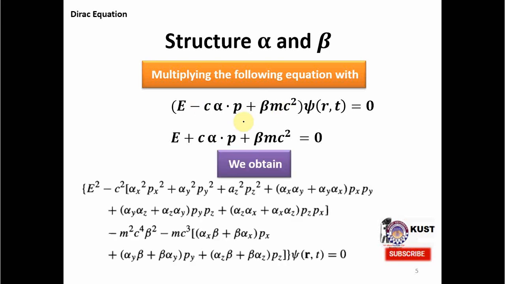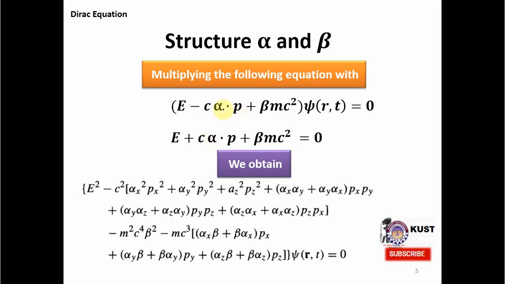If we do this, we obtain this lengthier equation, and you can check that it is really coming from this. The first term will be multiplied with the first term, giving us E square, and the second term will be multiplied with the second term, so it will give us c square over here minus, and then we will have, because these are the two vectors alpha and p, the dot product of alpha and p.